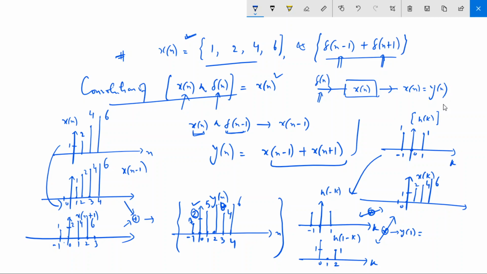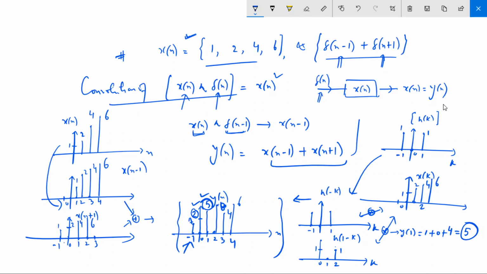So at 0 it is 1, at 0 it is 1, so 1 into 1 1, plus at 1 it is 0, at 1 it is 2, then it is 0, then at 2 it is 1, at 2 it is 4, so 4 into 1 4, you will get 5, the next sample, and similarly the next sample and next. When you calculate y of -1, you have to shift this signal to the left by 1, h of -1 minus k, then again multiply and add, you will get the output.